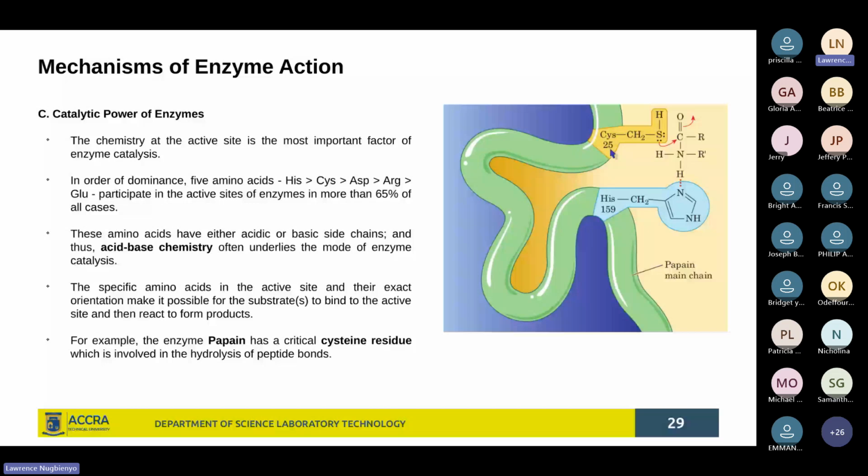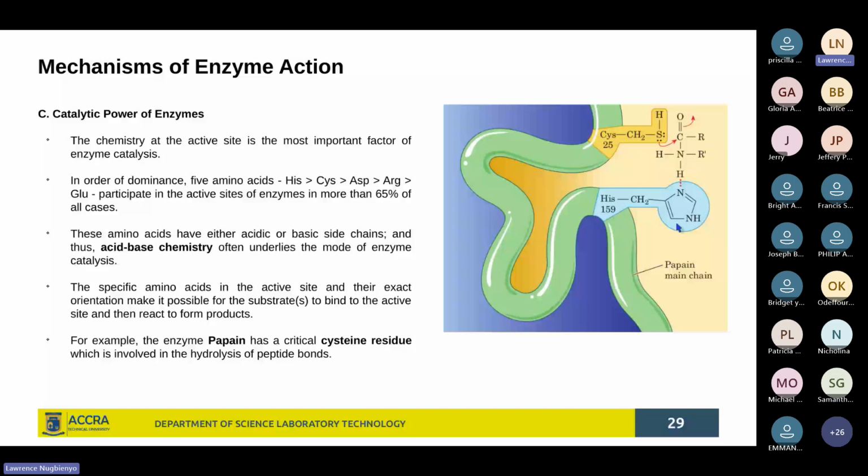But the folding brings them close together such that now they form an active center, such that they are able to act on a peptide bond. So you see what is happening here. You see that you have the hydrogen of this amine group having some interaction with the nitrogen in this ring of histidine.